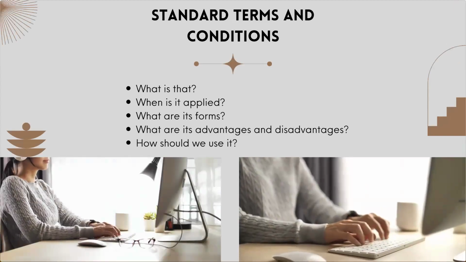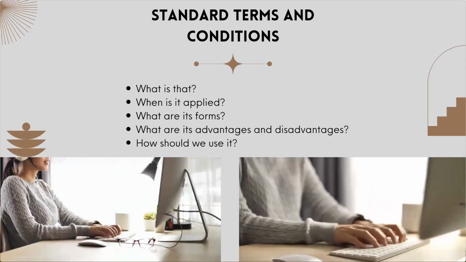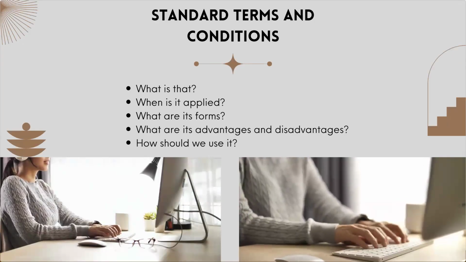Now, let's move on with the standard terms and conditions. As you know, implied terms prohibit certain types of obligation. And when we draft our terms and conditions, we must be very aware of that.